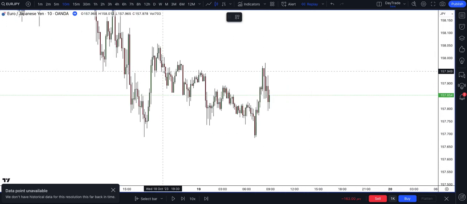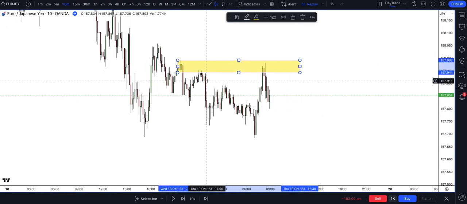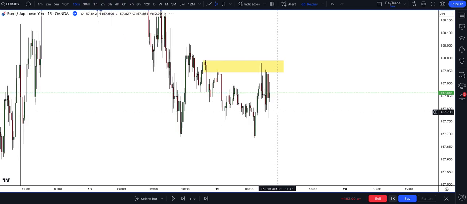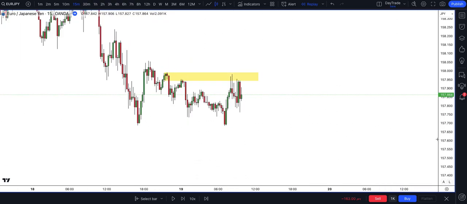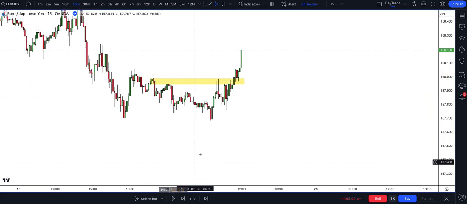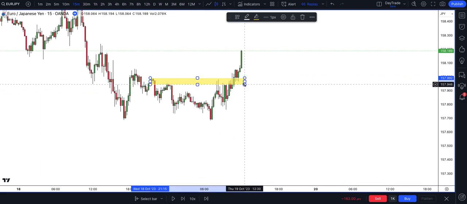Well, this was a nice looking zone, but it had already been tested overnight, so I imagine that's going to push back up and through it during the London session, because it's kind of gone away from it and then come back quite quickly. We kind of want zones to just push away and not come back for a while.